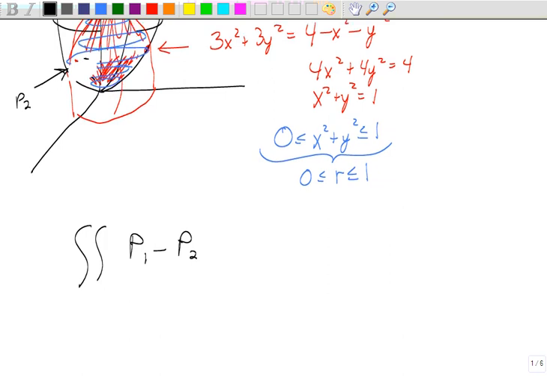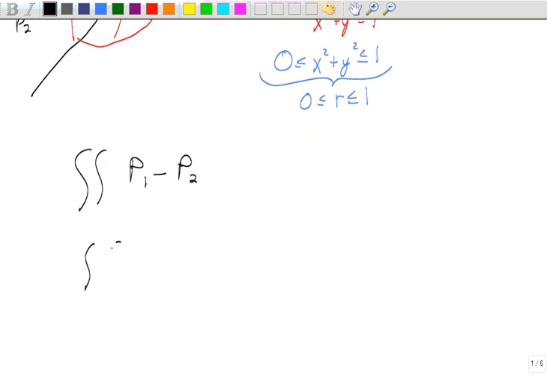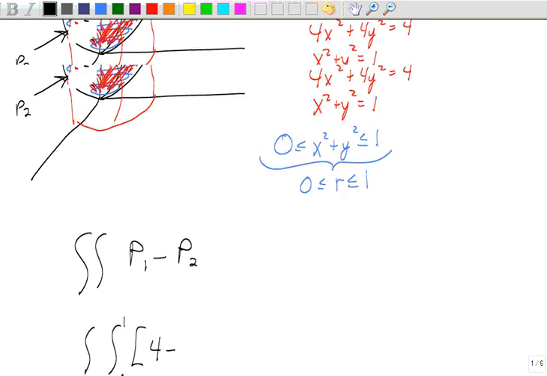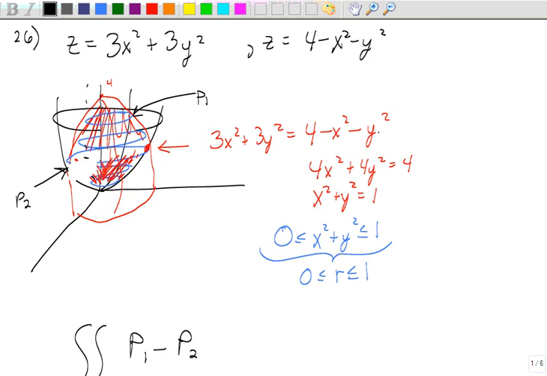Okay, so set this up totally. Now r is between 0 and 1. So I have 4 minus x squared minus y squared, and that could be 4 minus x squared plus y squared. So that's 4 minus r squared. And this one is 3r squared.